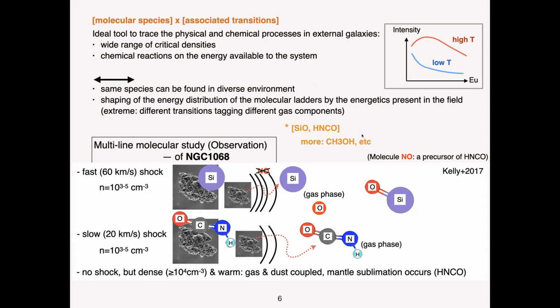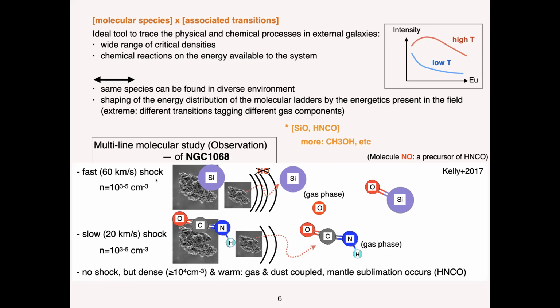For example, in Kelly et al. 2017, in their series of chemical modeling, they concluded that to enhance the abundance of SiO, a fast shock is really needed. We need a fast shock to kick the silicon off the grain surface and release it into the gas phase to form SiO in the gas phase.